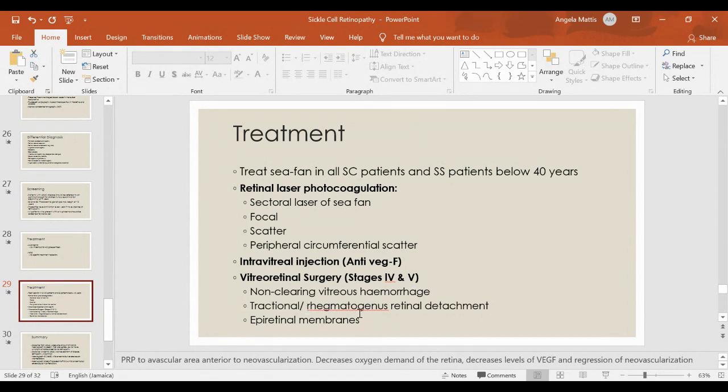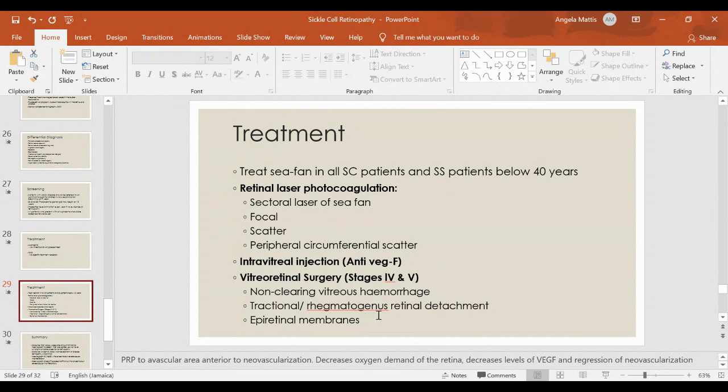Now, for tractional and rhegmatogenous, as I said before, rhegmatogenous means the retinal detachment is due to a tear in the retina. You're going to do scleral buckling or whatever type of surgery, vitrectomy, whatever type of surgery is necessary. Oh, actually, scleral buckling is not too recommended for our sickle patients. We tend to do vitrectomy. I won't go into that because you can put that buckle around the eye and cause ischemia.